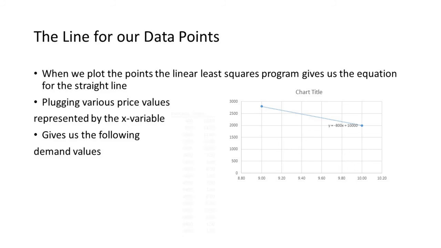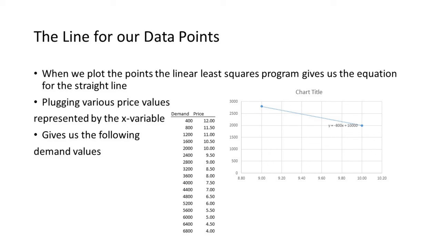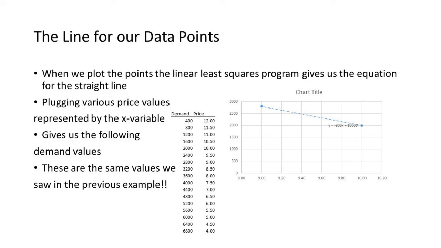And we can take that data and see that the values are the same as those we saw in the previous example, because it's the same line. The 2 price points, $10 and $9, generated the same demand as they did in the previous example, and so of course we get the same line, which then generates all the other same demand data that we saw before.